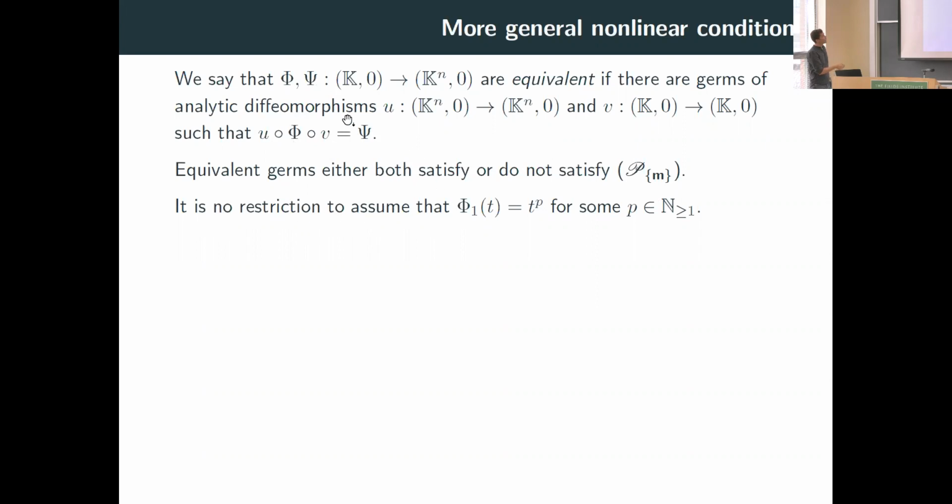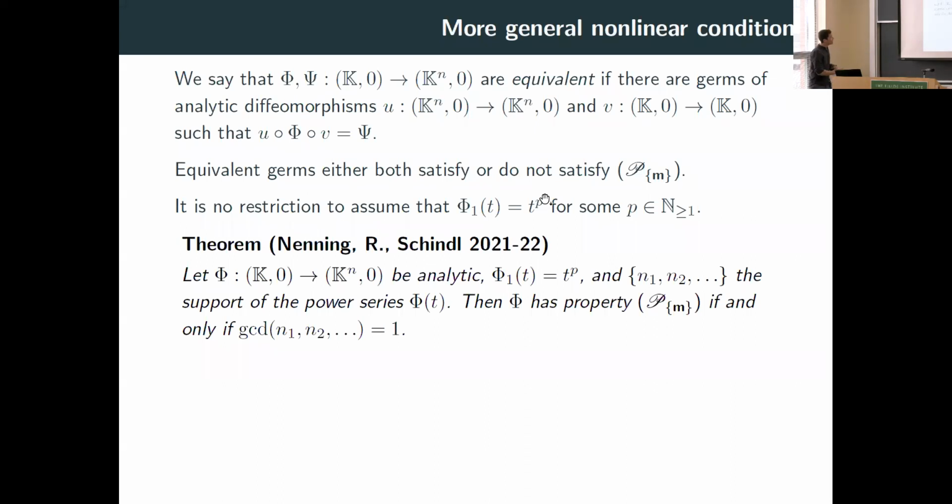And then with this equivalence relation, it's actually no restriction to assume that the first component of my germ is equal to a power, okay? And now the statement: suppose we have an analytic germ defined in the neighborhood of 0 in K with values in K^n.